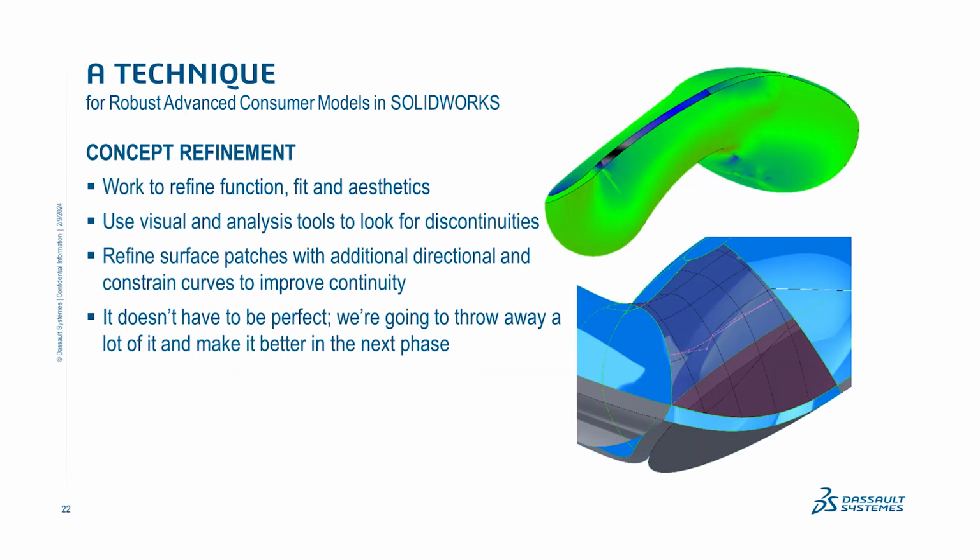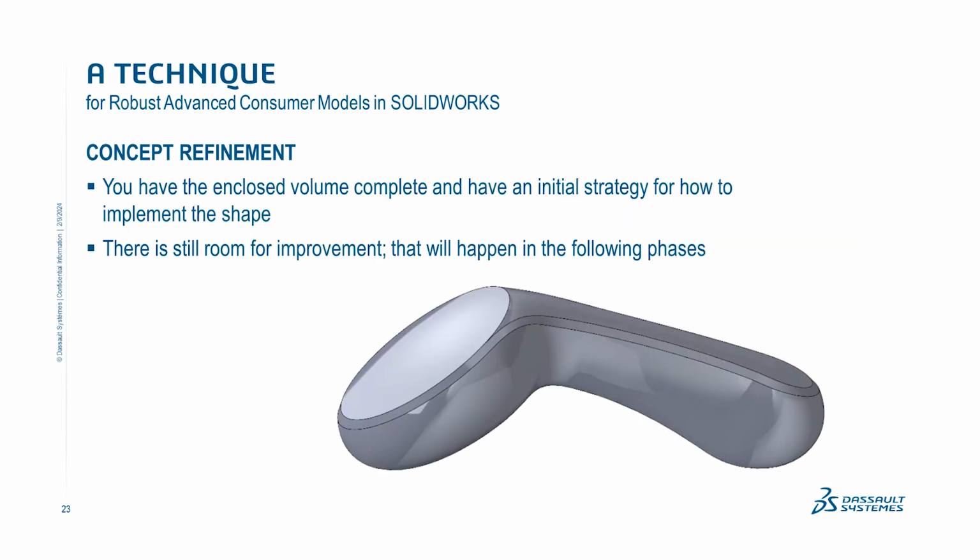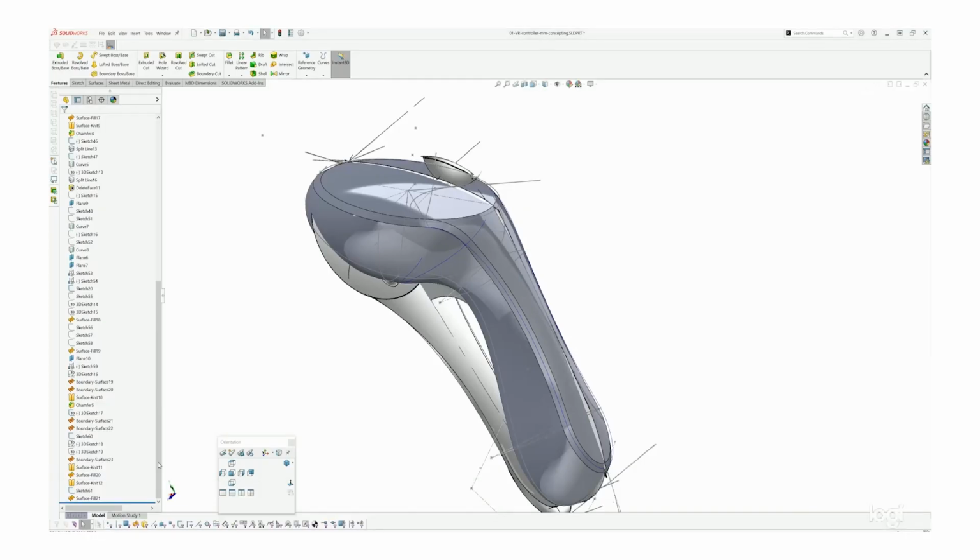And then once I have a model that I think I know how to build into a successful shape, I look at it and I evaluate it. Now, it doesn't have to be perfect because it is a conceptual model. And if I show this model again in SolidWorks, and this is the conceptual stage of the model, let me just hide those sketch pictures.